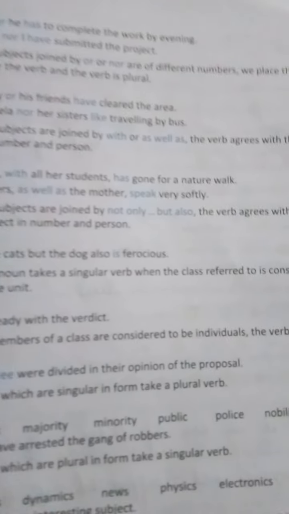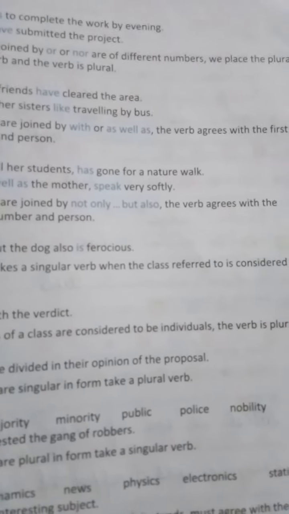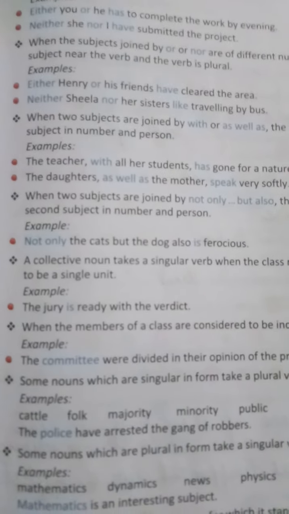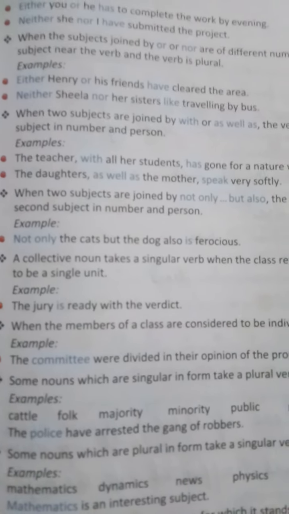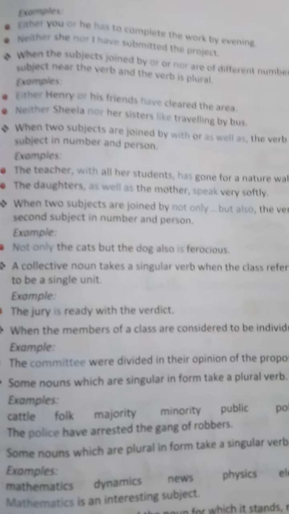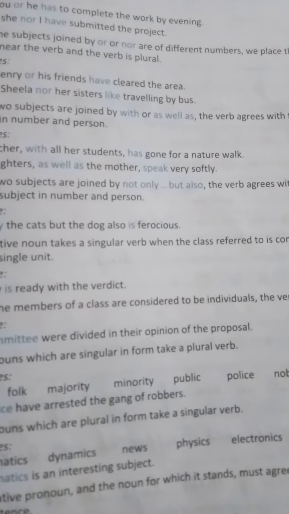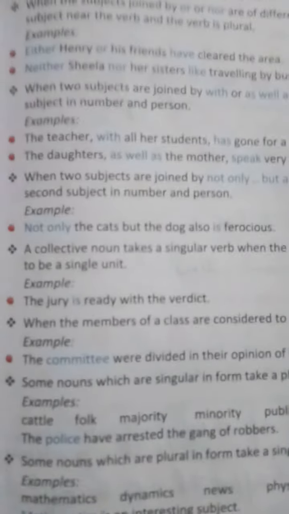When two subjects are joined by with or as well as, the verb agrees with the first subject in number and person. Here, the teacher with all her students has gone for a nature walk.